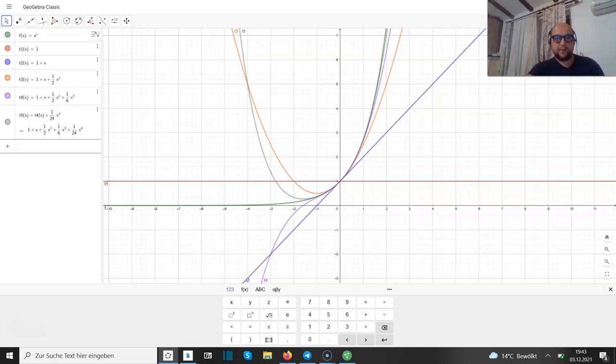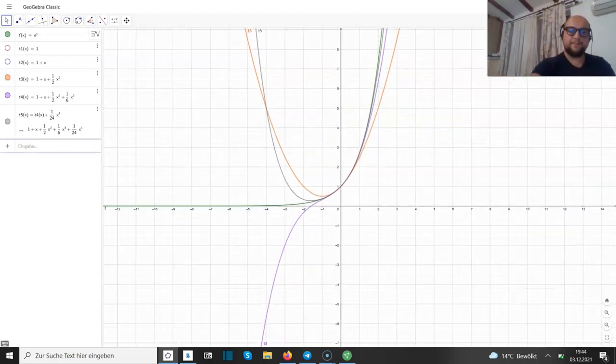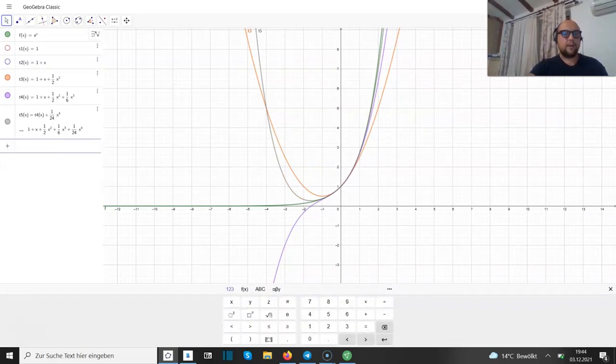Well, this is really better. As you can see, we follow the green curve way more. Let me put maybe the last one and this one. Now you see the increase of our precision. Okay, and the last one that we computed, and as you can see, we can go on forever.